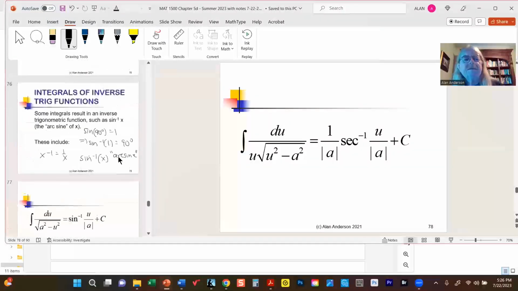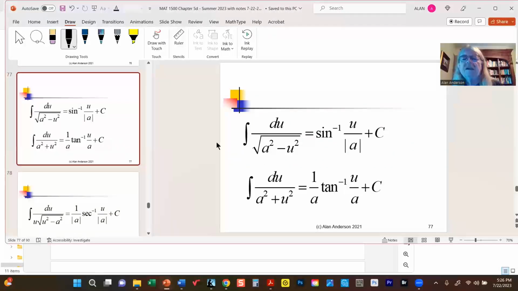So what that means is, by the way, a is a constant in each of these cases, and u is the variable. The reason they're using u here is to make it clear that u could represent any function of x that we choose, but the a is a constant.